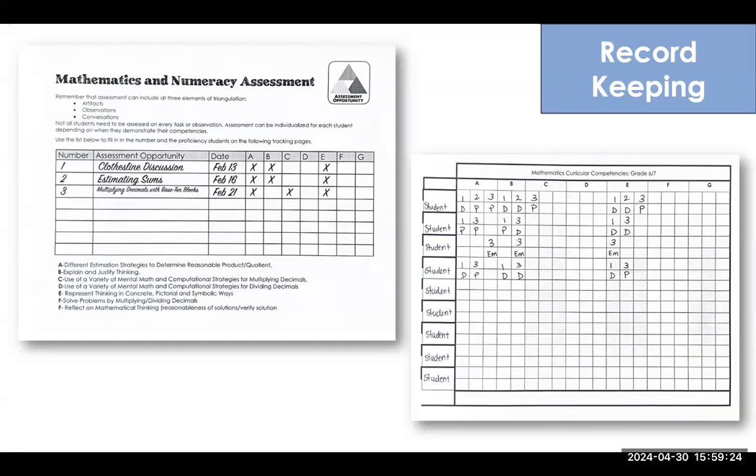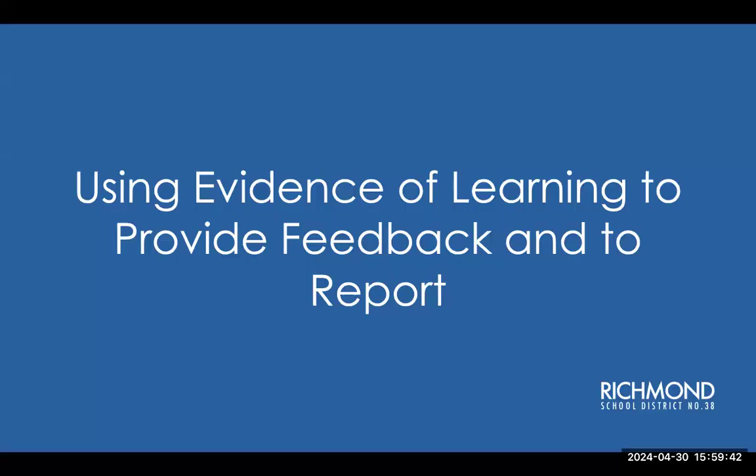And then on the right-hand side, I would list my students' names, create a roster, and then show where those tasks are and their progress on each of those tasks. So, using evidence of learning to provide feedback and to report.